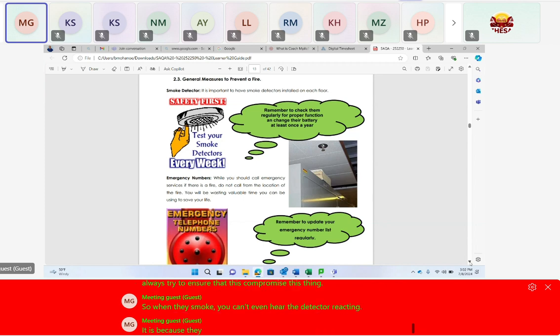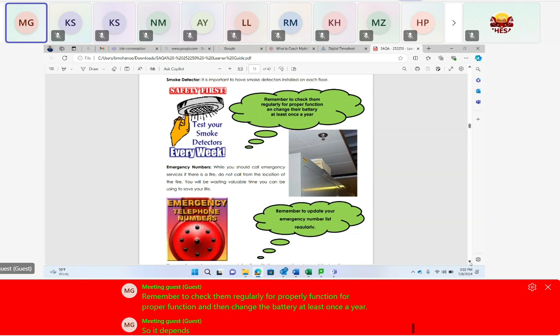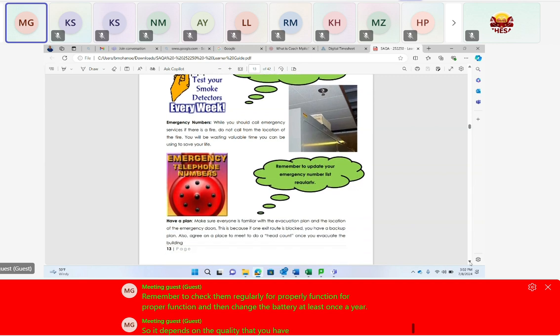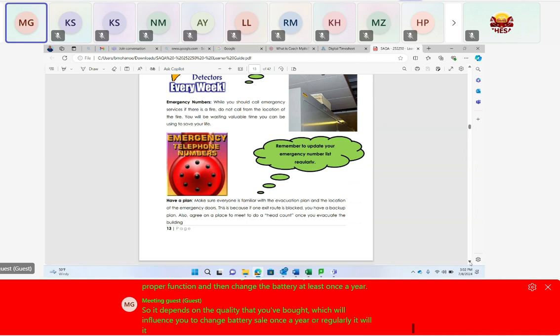It is because they have compromised it. So you must check it every week. Remember to check them regularly for proper function and change the battery at least once a year. It depends on the quality that you have bought, which will influence whether you change batteries once a year or more regularly.